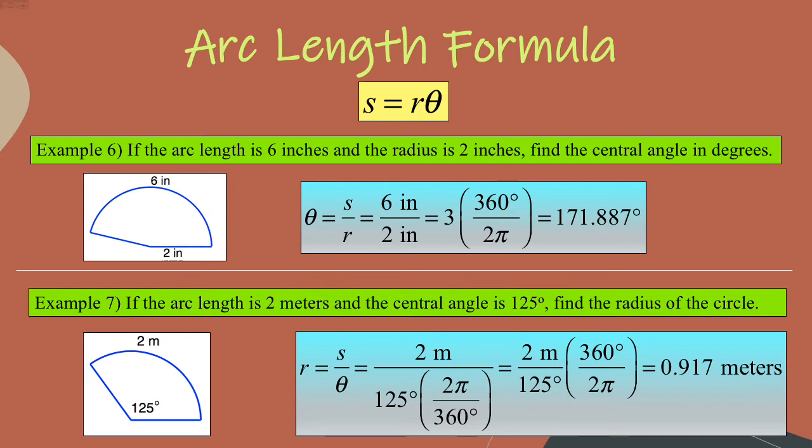Now, inverting the 2 pi over 360 degrees, we get 360 degrees over 2 pi. We were able to skip this cumbersome step because we knew that we needed degrees upstairs to cancel the degrees downstairs. So for the remainder of this unit, we will be including units in our calculations.